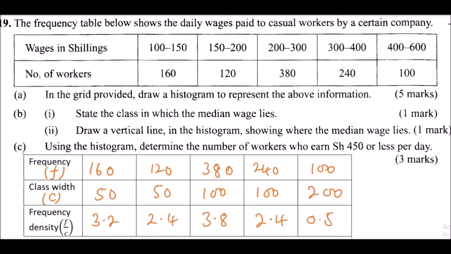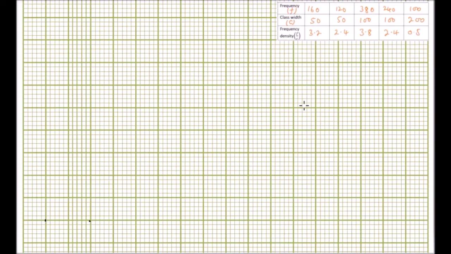We are going to plot the graph of the frequency density against the wages in shillings. So let's get a graph paper and do that. This is the grid that I'm going to use. I've already inserted my table.